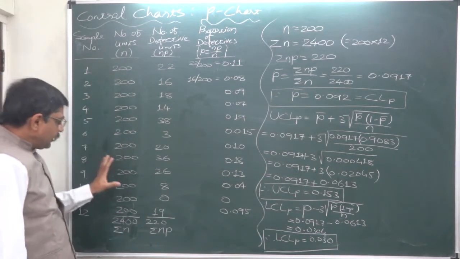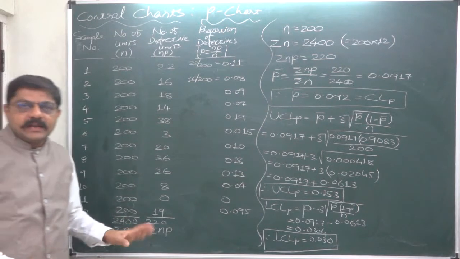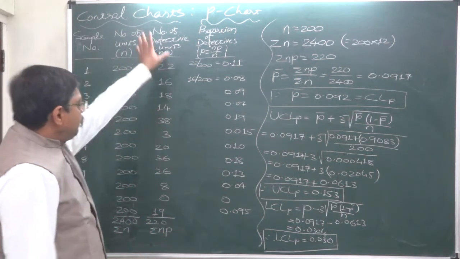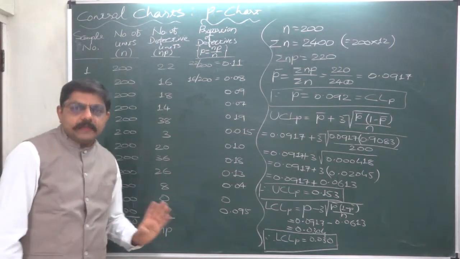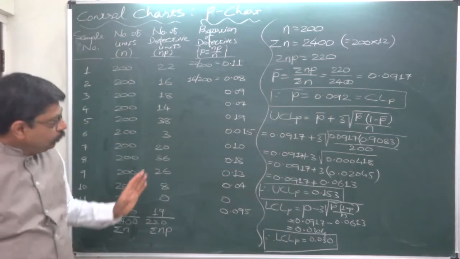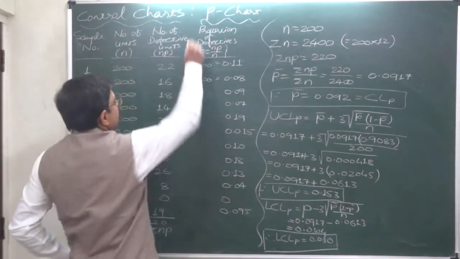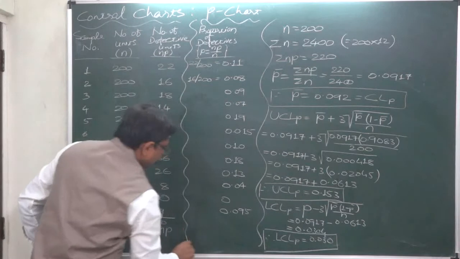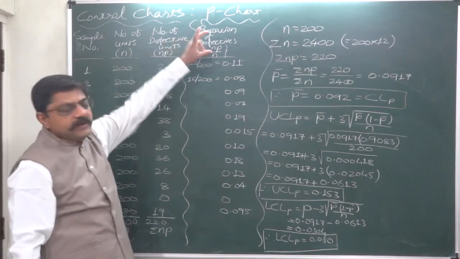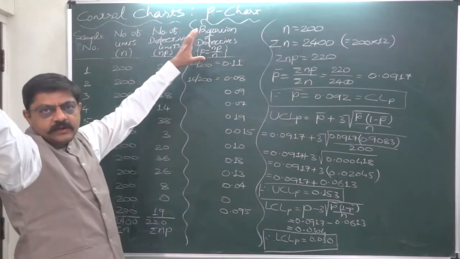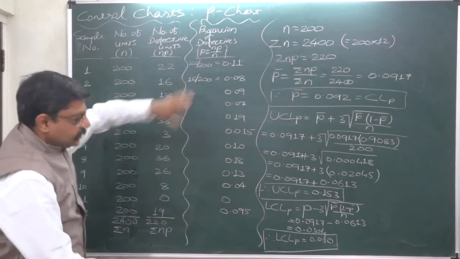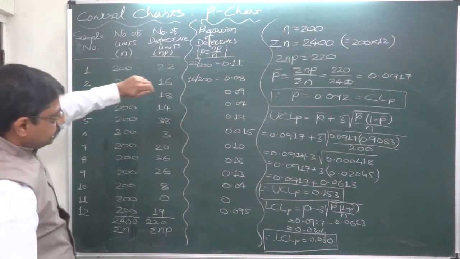Number of samples should be clearly stated. Number of defectives should be clearly given. The solution part starts from preparing the column of proportion of defectives, and in case of another variant, percentage of defective, that we shall discuss later.